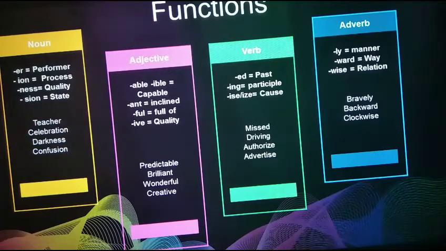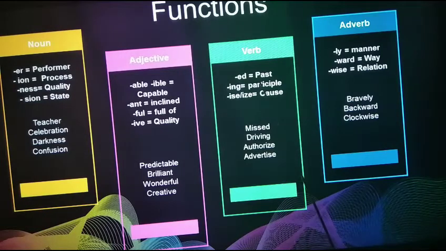Then we have the suffixes as verbs. They are very useful as verbs because, as we're going to see, they change the tense of a verb. For example, we have ed, which is used to indicate the past tense of a verb.